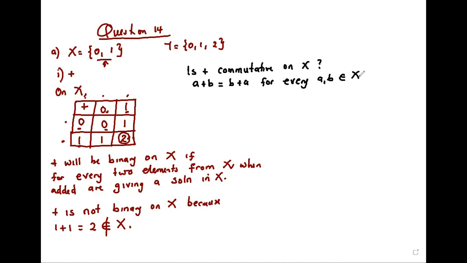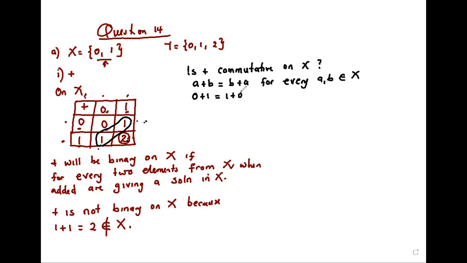If you are using a table, you just check if you have this symmetry. I have 1 here, 1 there. And then, well, if there was another one, we would have had 2 there. Then you know that it's commutative. Or you can check. You said 0 plus 1 is the same thing as 1 plus 0.